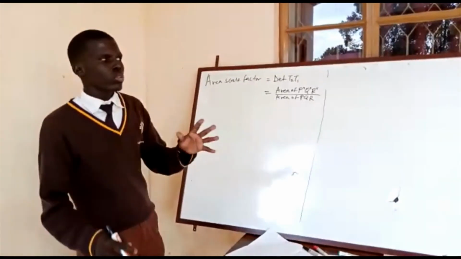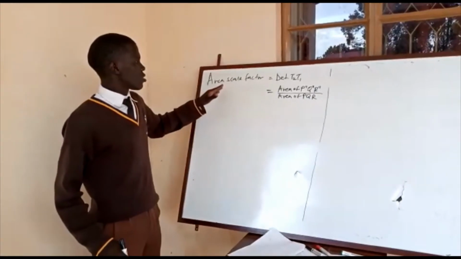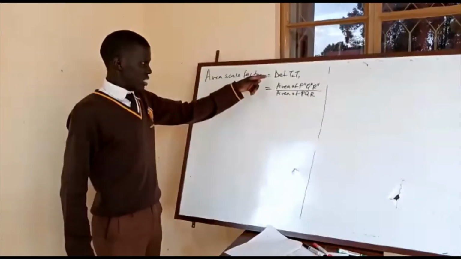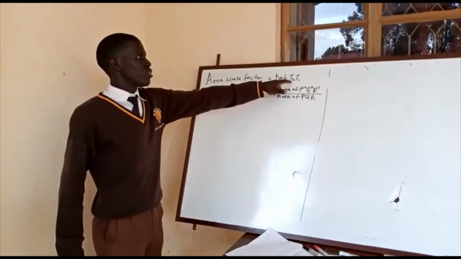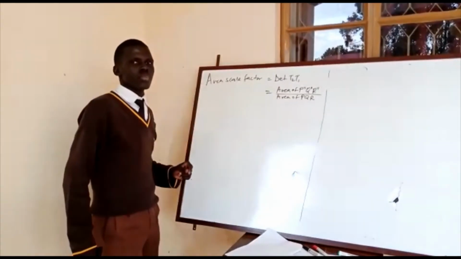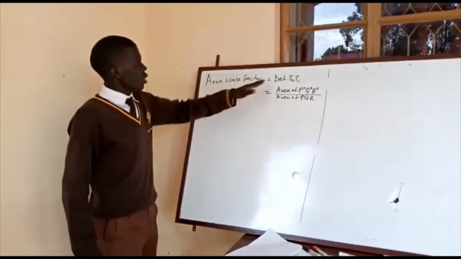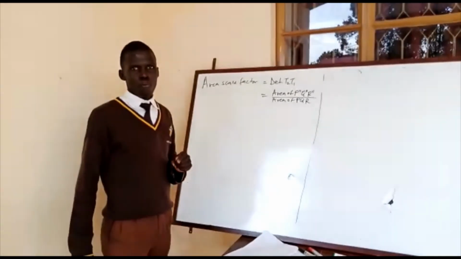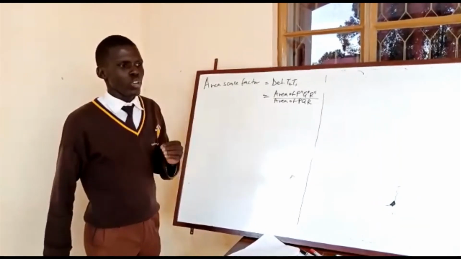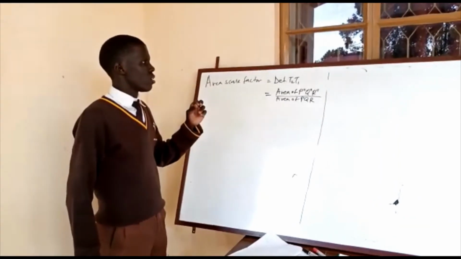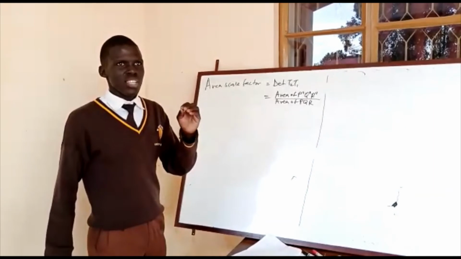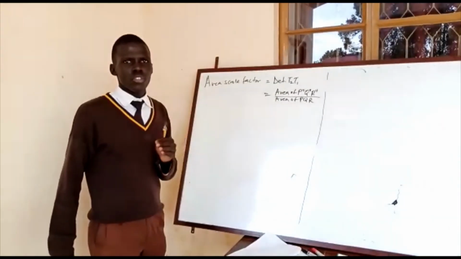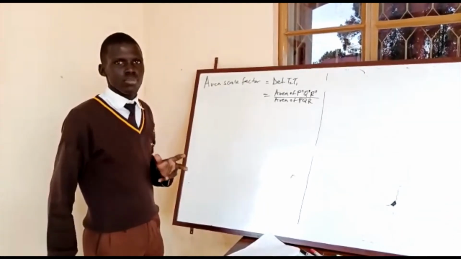From this, we know that our area scale factor is given by the determinant of T2, T1. So this time around, we have our determinant as negative 4. What we have to know is that the negative sign shows us that the transformation involves a reflection.